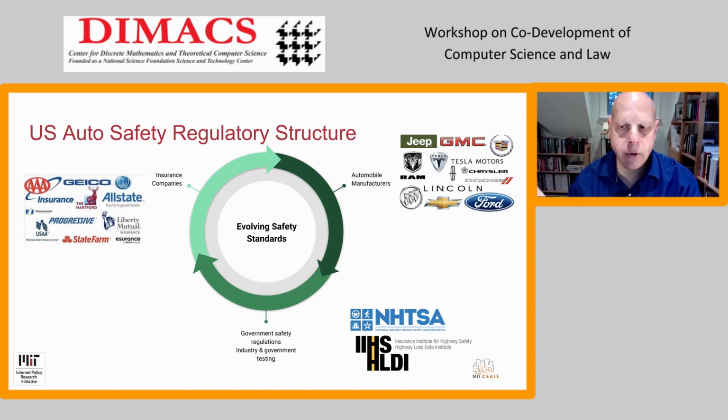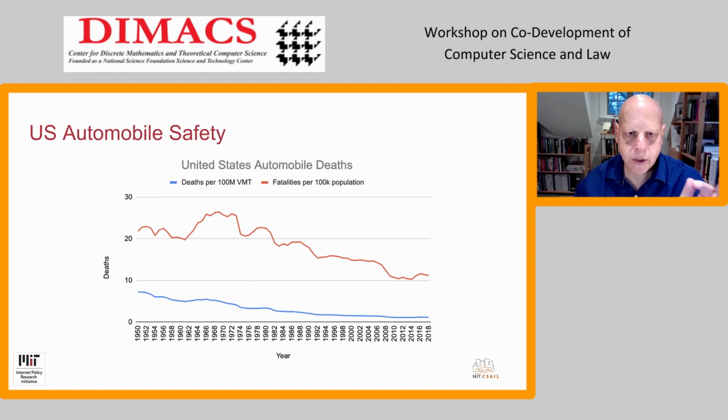The auto manufacturers, by and large, have to follow those standards, because if they don't, their cars become too expensive to insure. And this is really the key dynamic here.